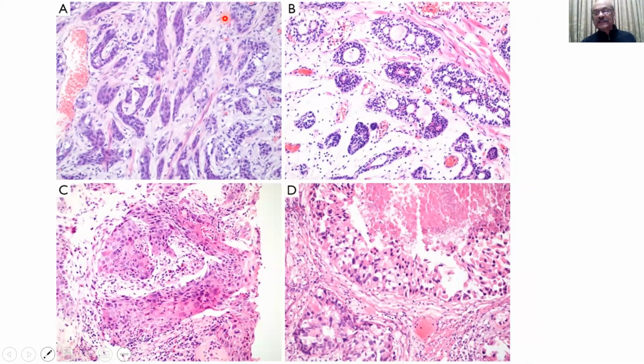Actually, it is basal cell carcinoma. Here, solid nests of basal cells are arranged in cords or trabeculae, with peripheral palisading of the basaloid cells. And this is the adenoid cystic variant of this group of tumors.